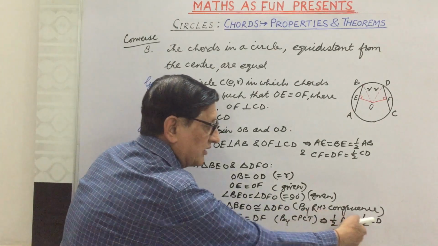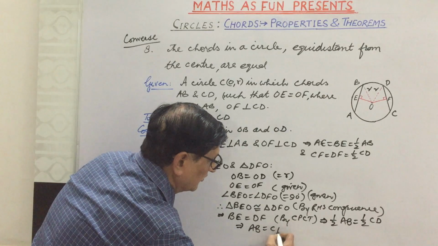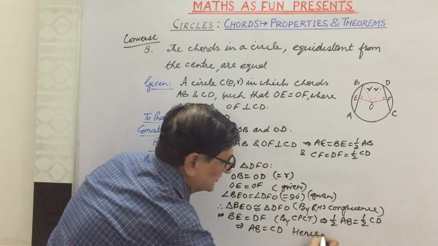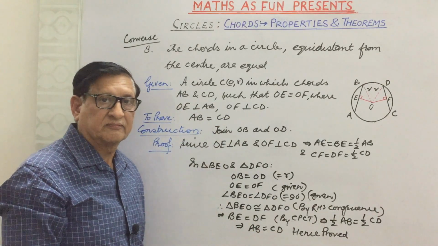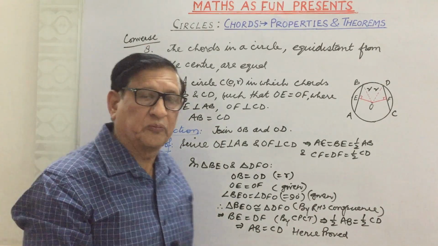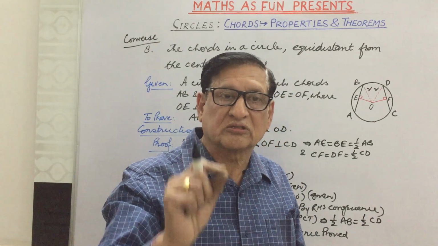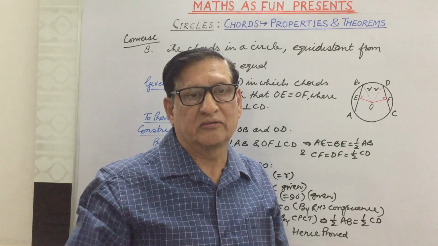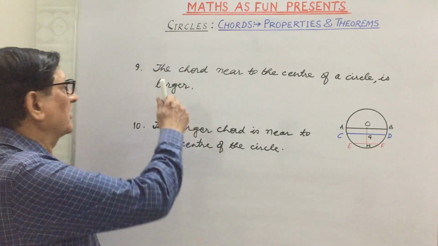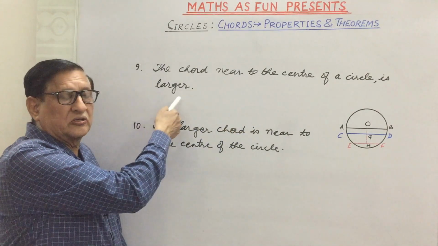If half of AB and half of CD are equal, this implies that AB is equal to CD, and this is what we had to prove, hence proved. So here we could prove that if the chords are at equal distance from the center, the chords are equal in length.